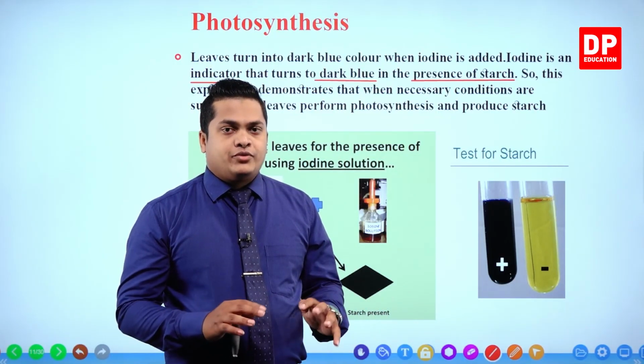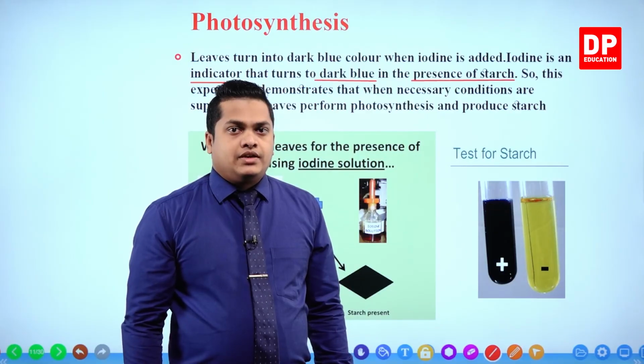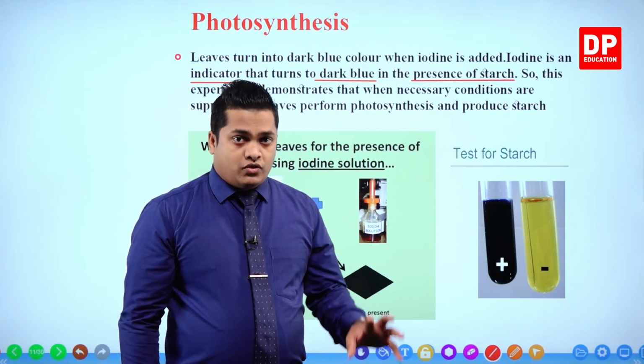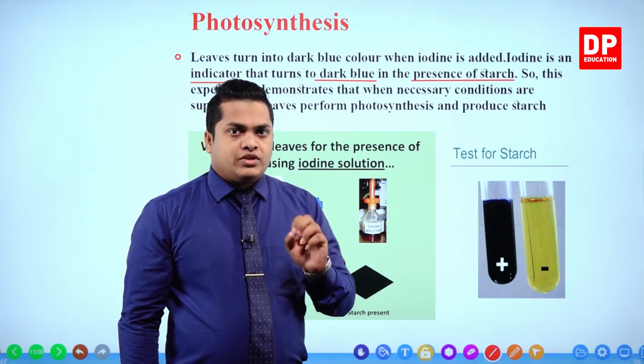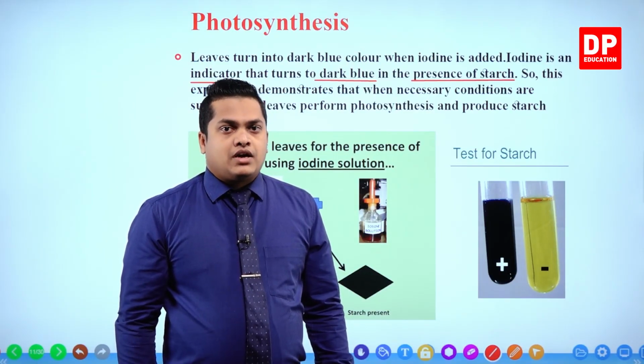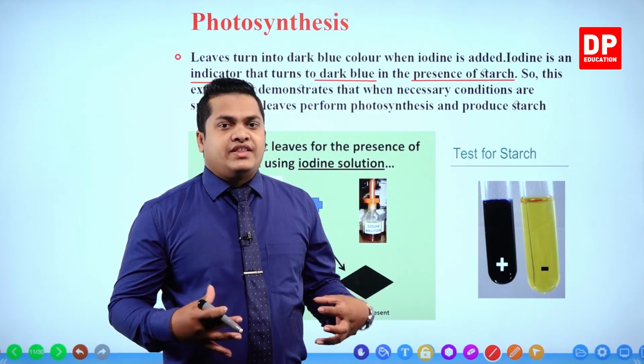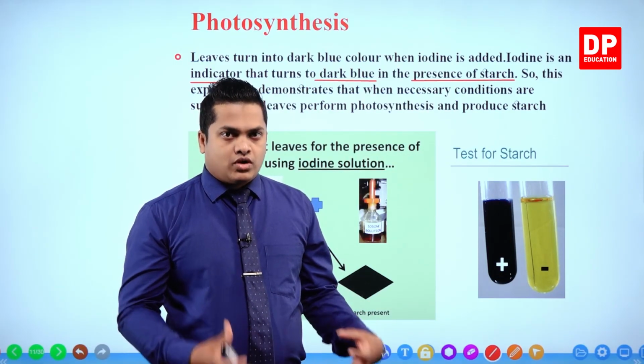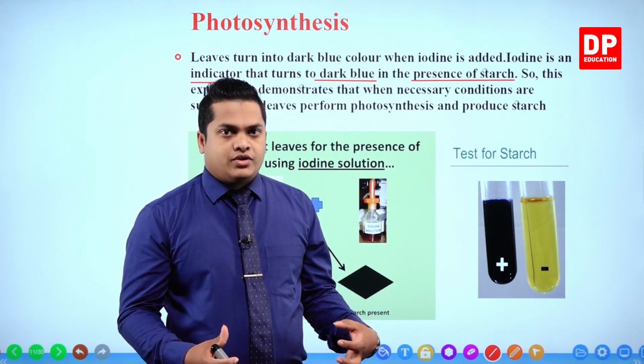So I hope that you got a good knowledge about preparing a leaf for the starch test and showing how photosynthesis occurs within a plant leaf. Here we have proven that photosynthesis has occurred within the plant leaf that we took.